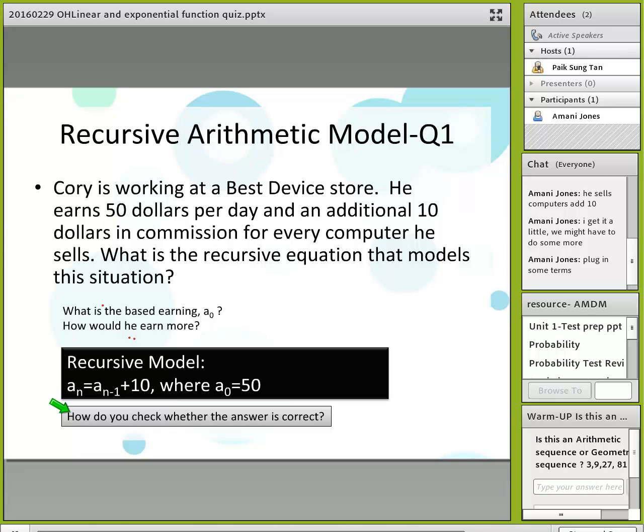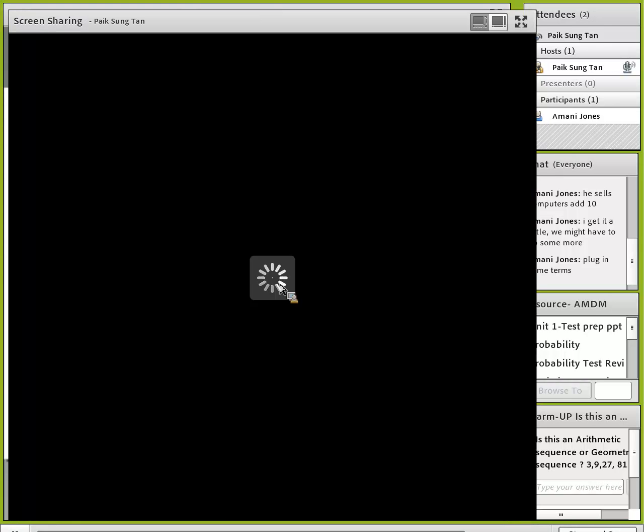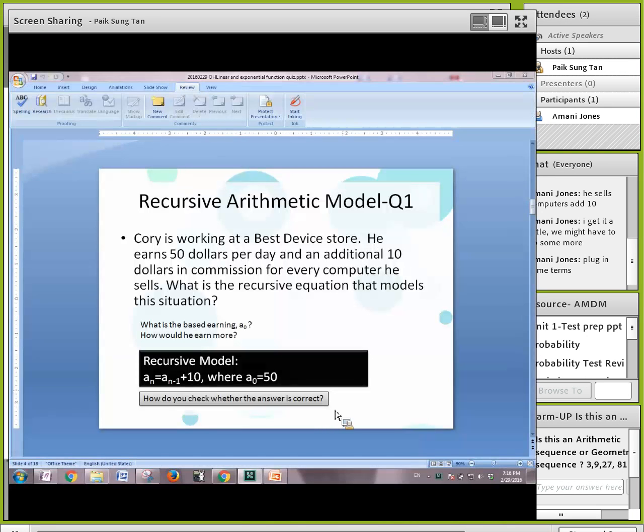I'm going to do a screen sharing because I can write better using screen sharing. Okay, so just give me a minute. You see the same slide, except I just do it on my screen. Can you see my screen? It has the same slide.